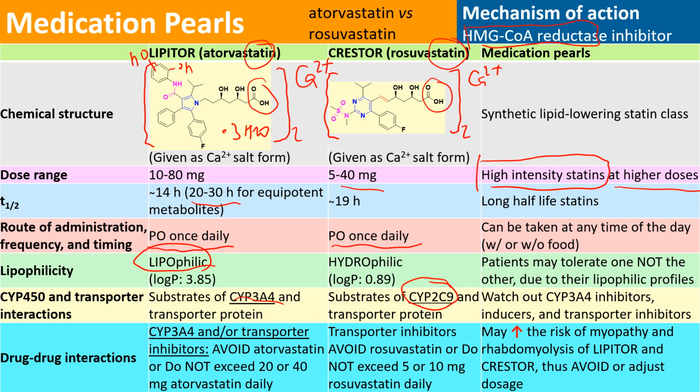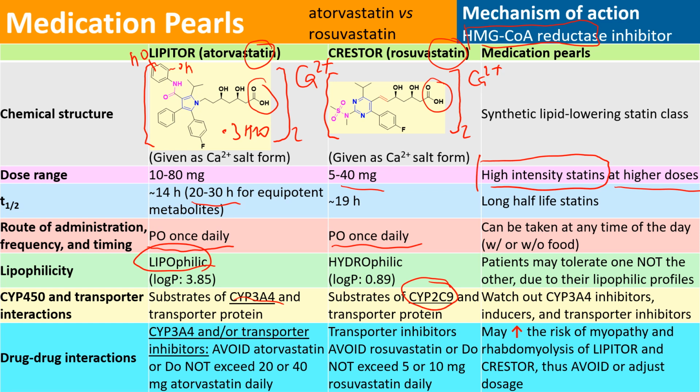So you either try to avoid taking the drugs together, or you have to lower the dose. Otherwise, this would increase the drug exposure for atorvastatin or rosuvastatin, and can lead to an increased risk of myopathy and rhabdomyolysis. In some other cases, either avoid concomitant use, or you have to adjust the dosing.